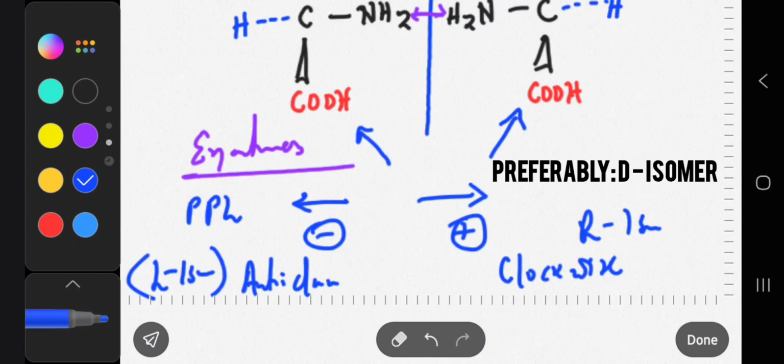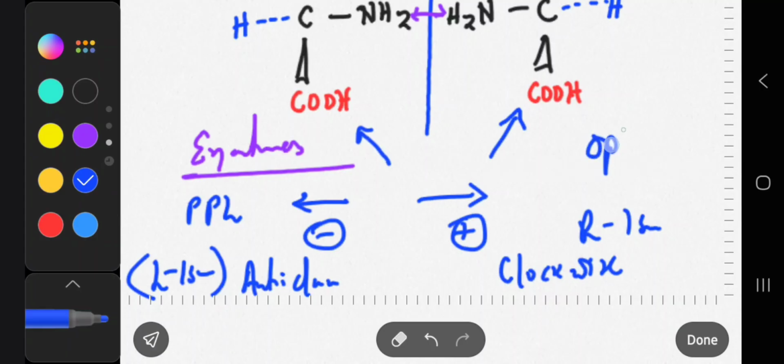Can you see that? And the mixture of both of them is called a racemic mixture, as they are considered optically active. That's optically active. Ability to rotate plane polarized light to the left or to the right. To the left is L isomer, and to the right the D isomer.